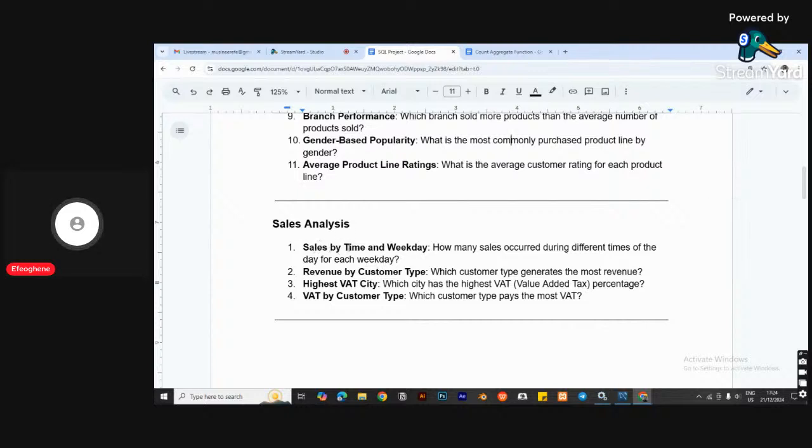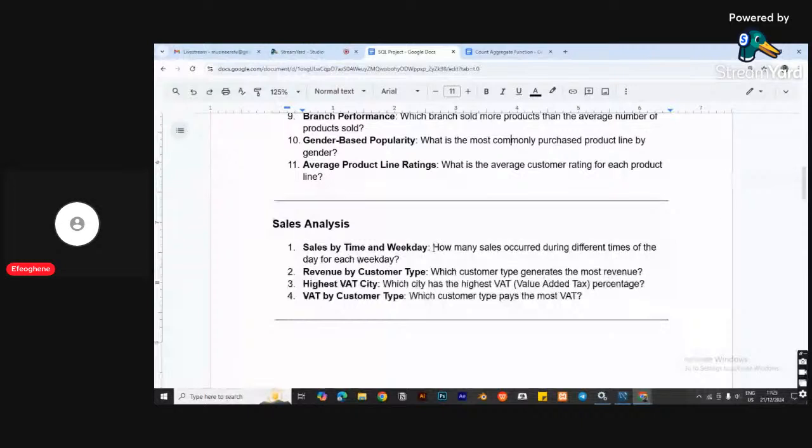This is talking about sales by time and weekday. The question we have here is: how many sales occur during different times of the day for each weekday?